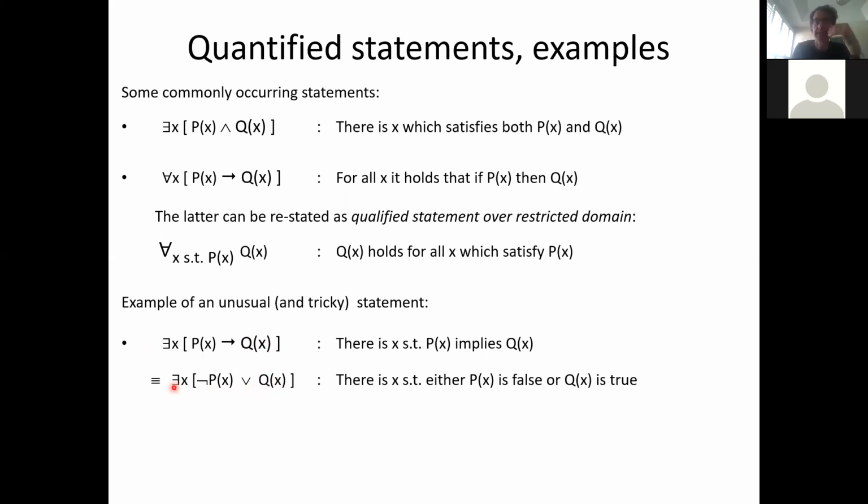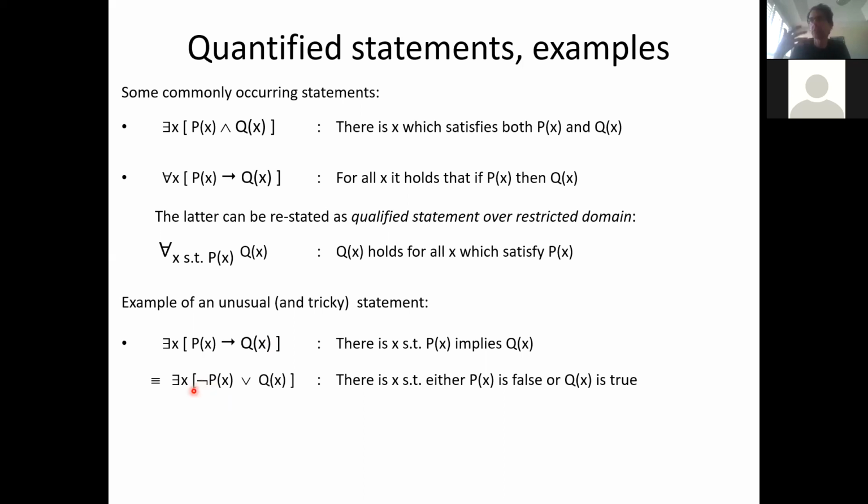Now, this is a natural statement. You can indeed say there exists an x that satisfies, I mean, you can say everything. I'm just saying which of these statements are natural, commonly occur in reasoning, and are not just designed to trick you.